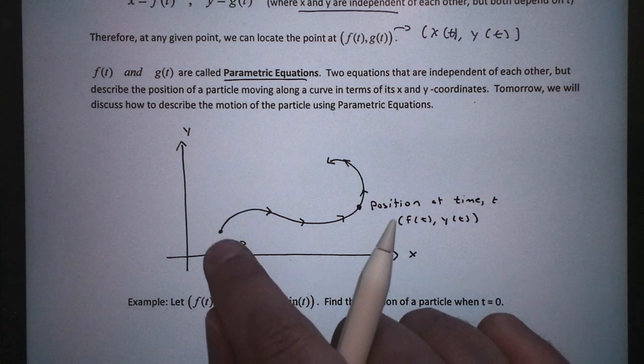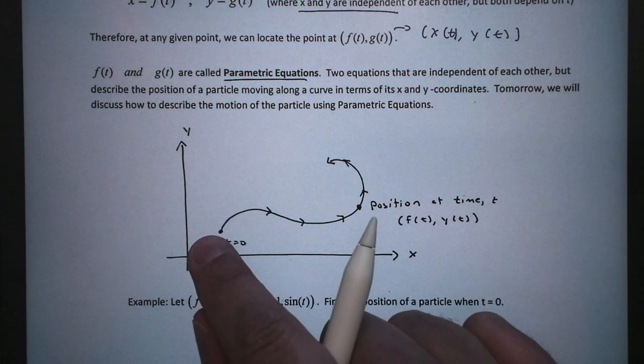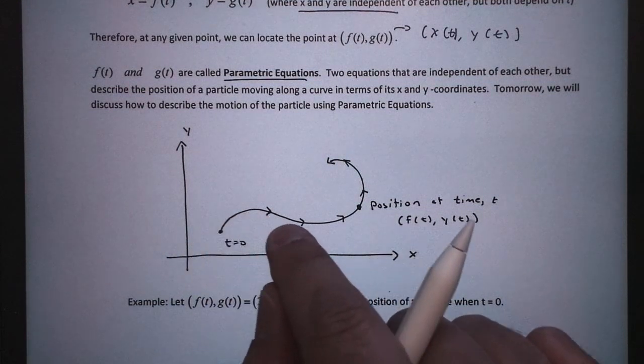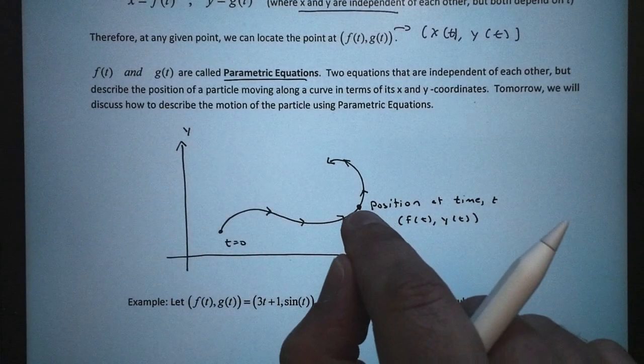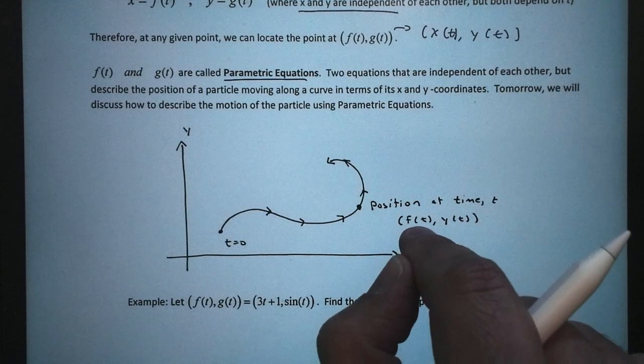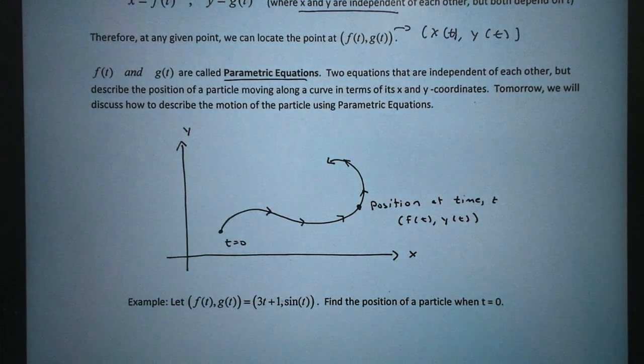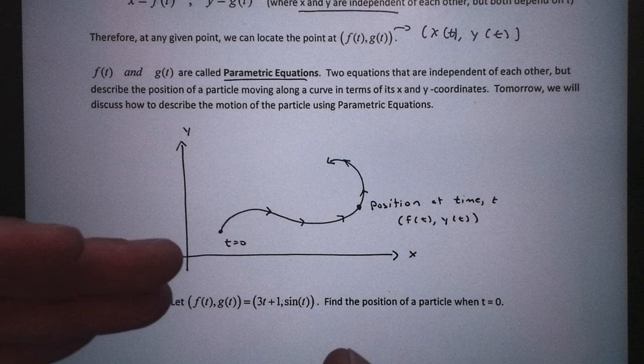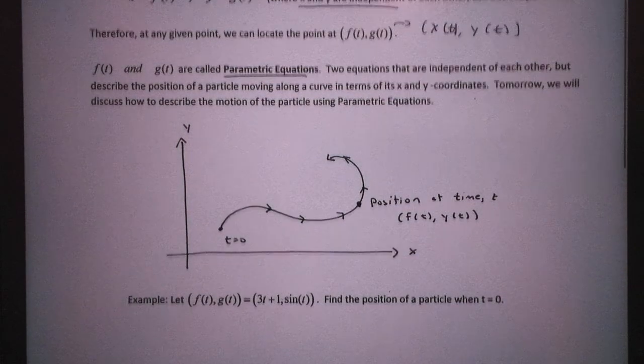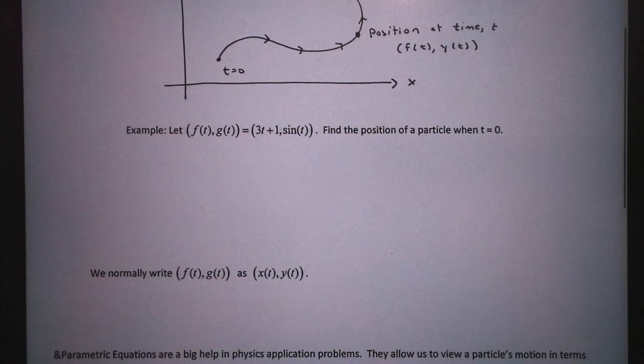So if we're along this curve at t equals 0, we start at this point, and as we move along, at any given time t we can find the position by plugging in t for the x and y components. It's really useful to think of t as a time component. Let's take a look at an example.